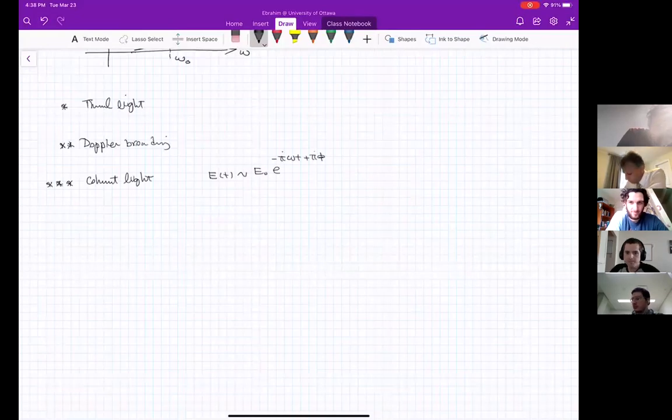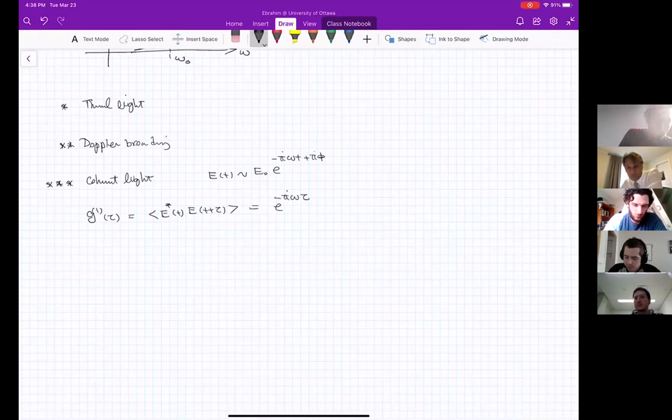If you do G1 of τ, essentially looking at E star of t and E of t plus τ, you will get e to the power of minus iωτ. That's all, because the phase is constant, and when you look at the conjugate of that, they cancel out each other. This is the definition of a monochromatic wave.